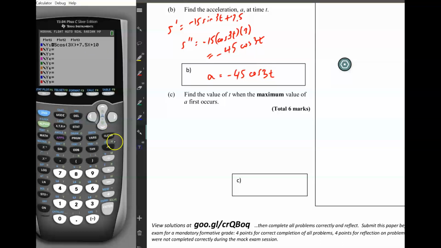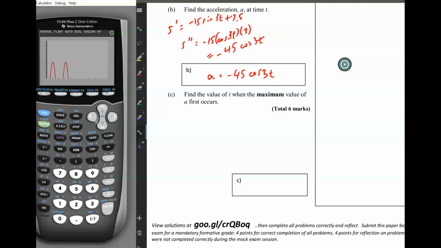So I'm going to just disable the first function, and then I'm going to put my acceleration function here, negative 45 cosine 3t. And then I'm going to graph just the second function.